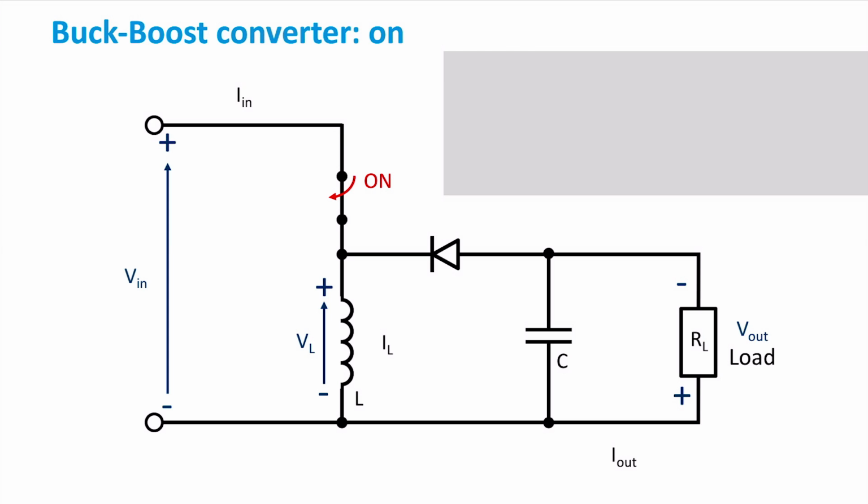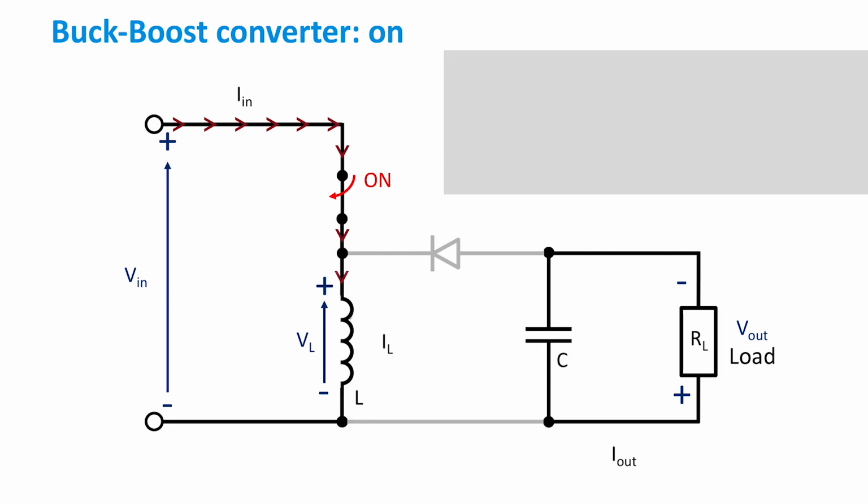During the on cycle, the flyback diode basically separates the circuit in two subnets. On the left subnet, the coil is connected in series with the power generator, while on the right subnet, we have the load in series with the capacitor, allowing the current to circulate in a loop.